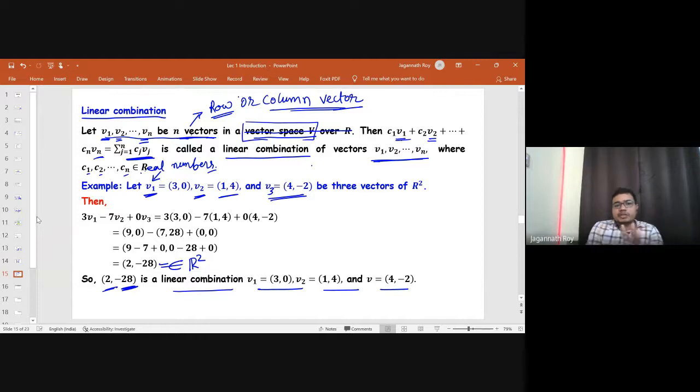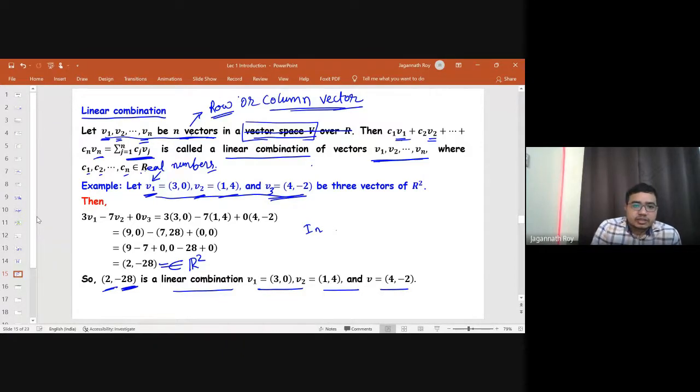Now the question is, how many linear combinations can be done with these three vectors? The answer is infinite. In place of 3, you can take 4, you can take 5. In place of minus 7, you can take 7, 6, and other things. For 0, you can take 1, 2, all of these. So there are infinite linear combinations. But if you take squares, then it is not a linear combination.